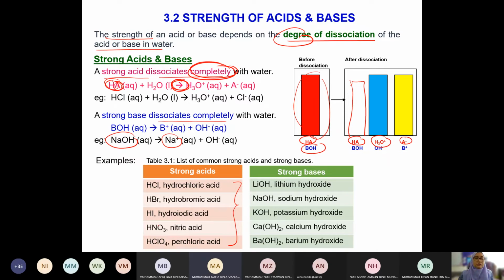These are all strong acids: HCl, HBr, HI, HNO3, HClO4, perchloric acid. Not HClO3, not HClO2, and not HClO. It is HClO4, the only one that is a strong acid. So memorize this one.